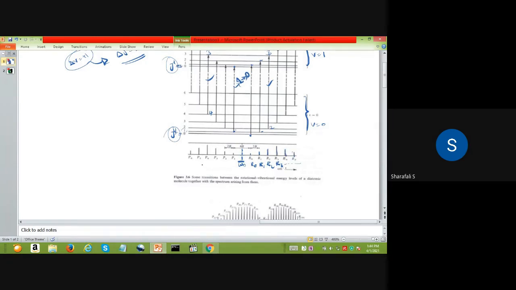And if you consider the P branch, these are the P lines: P1, P2, P3, and so on. And remember, we have R0 here, then R1, R2, R3, etc. But we do not have P0. We have P1, P2, P3, P4, etc.